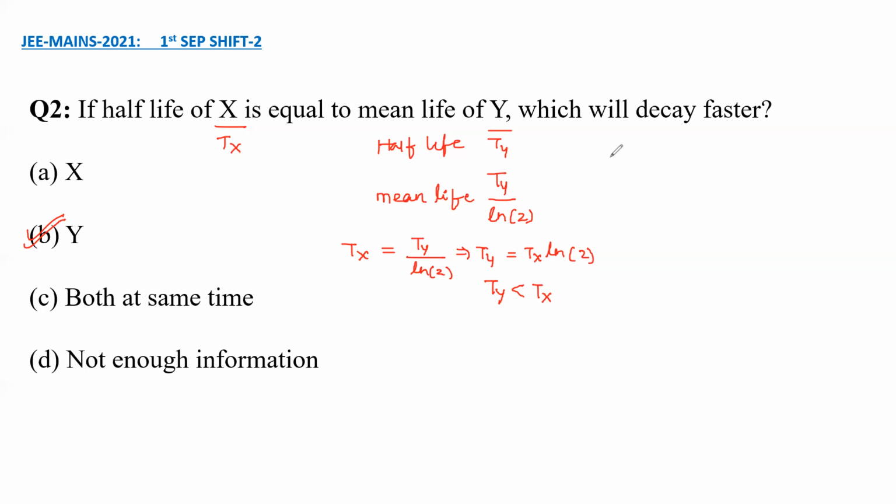Now, suppose the initial number of molecules of X is very large and the initial number of molecules of Y is very small, that also is fine. But if the initial number of X is very small and that of Y is very large, even though Y's decay rate is more, you will have more number of Y at any time compared to X. But I still don't feel that not enough information is a correct answer. The correct answer should be Y only.